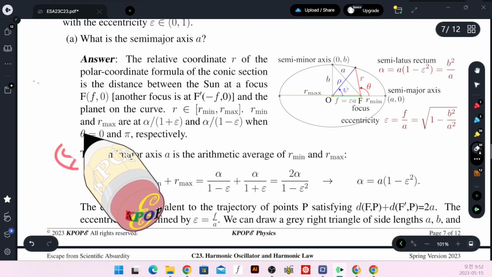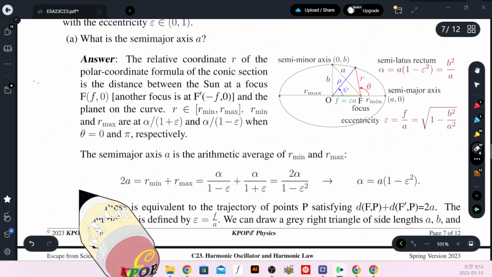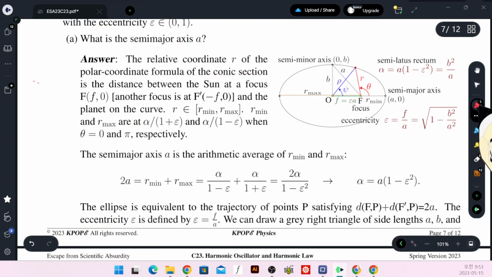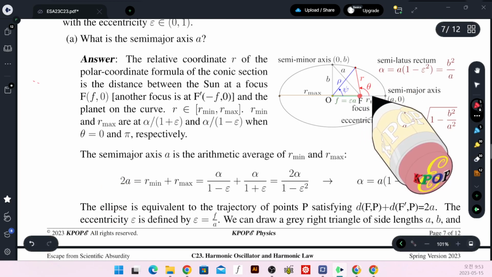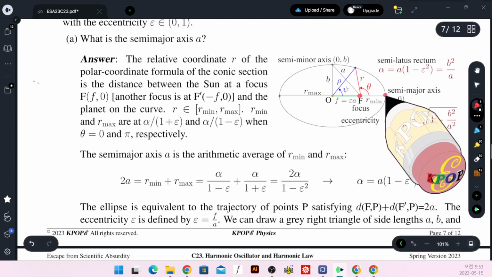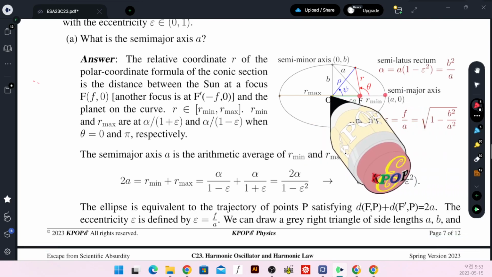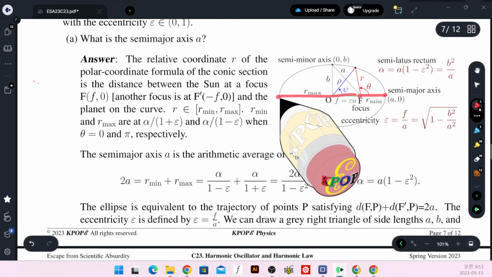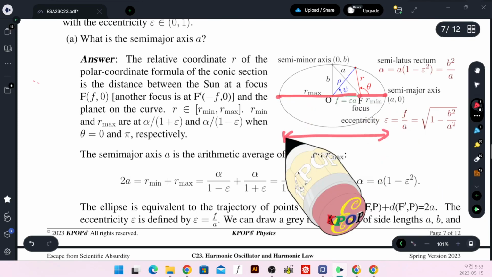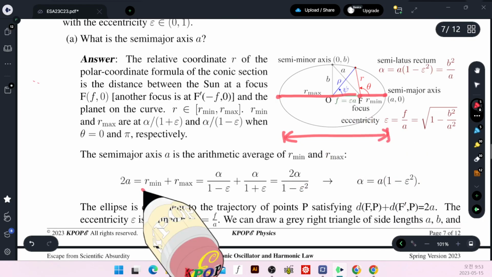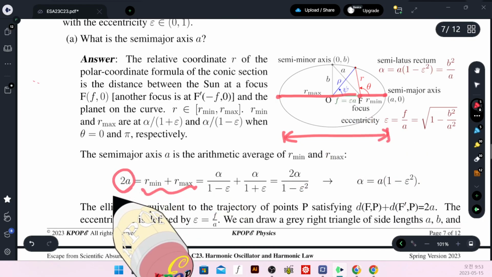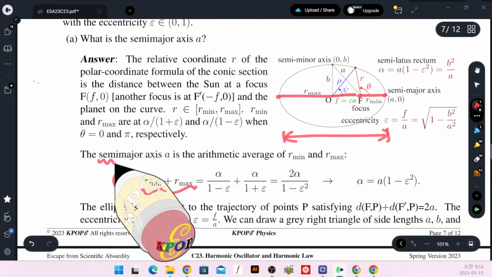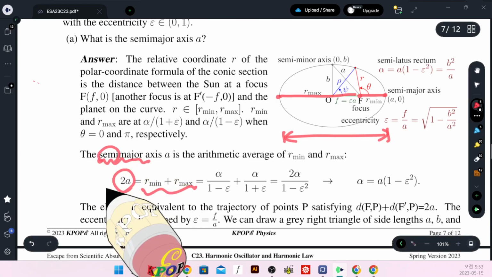According to geometry, you can draw right triangles, and first of all, the distance from the satellite to the sun varies from minimum value to maximum value. So we call the sum of the R minimum and R maximum twice A, where A is called the semi, which means half.